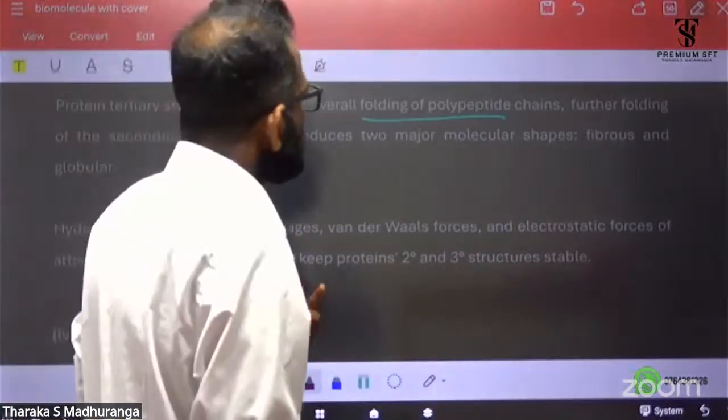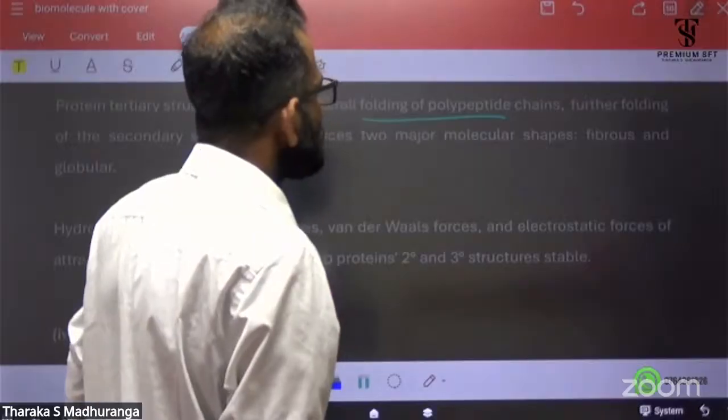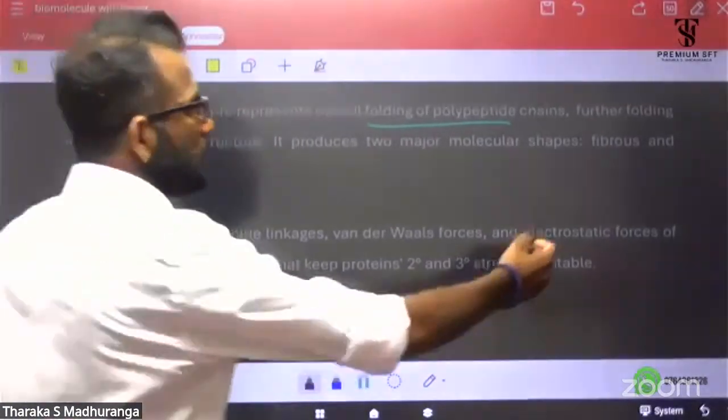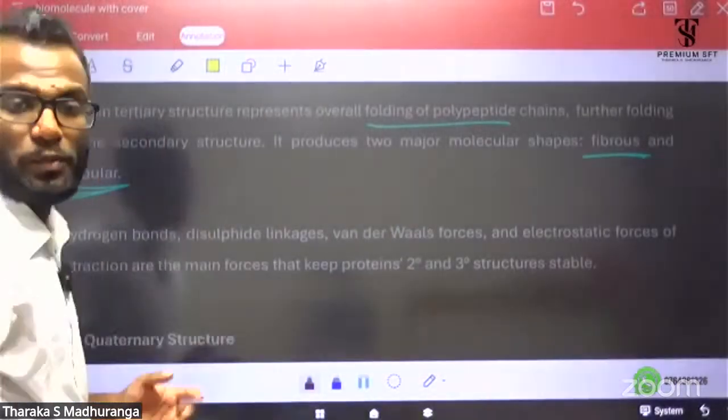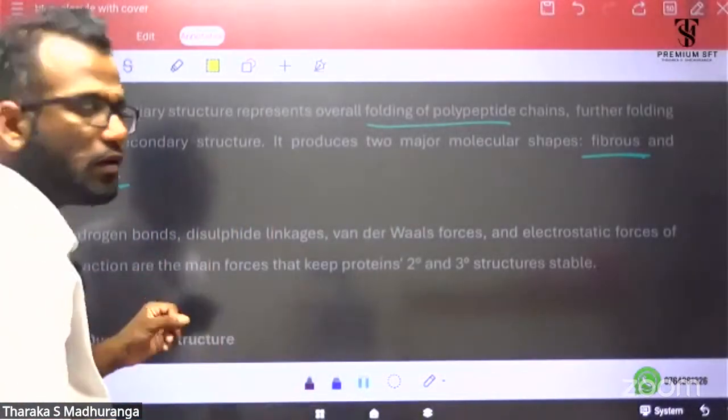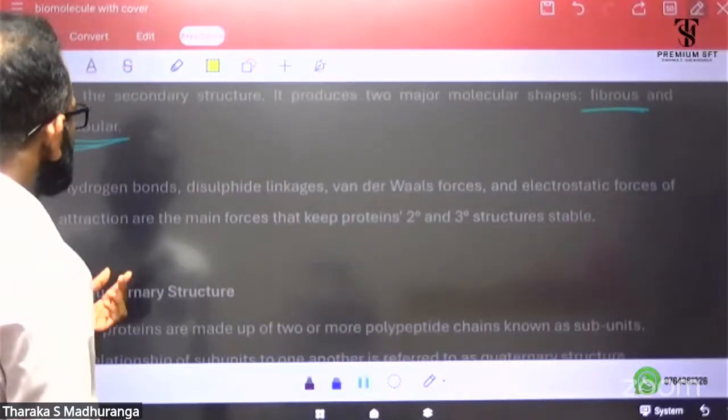It produces two major molecule shapes, fibrous and globular. Globular is the main one, like a ball.